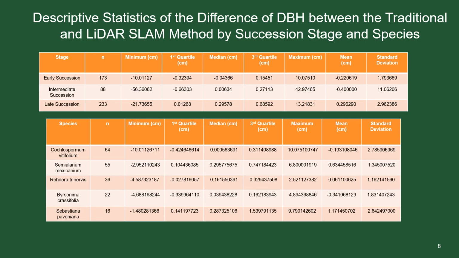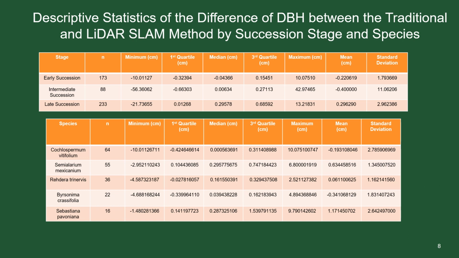And I wanted to further assess the reliability of DBH, so I split everything into successional stages in which they were located, and we can see that there is no difference, that the DBH measurements are pretty reliable regardless of successional stages.